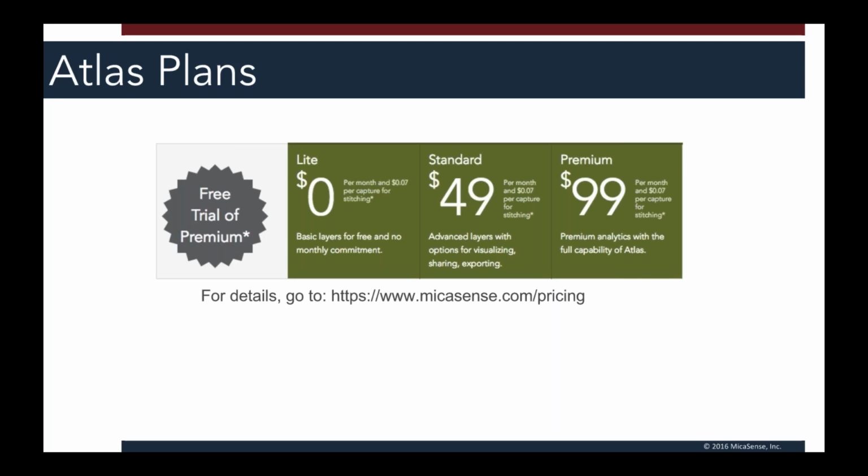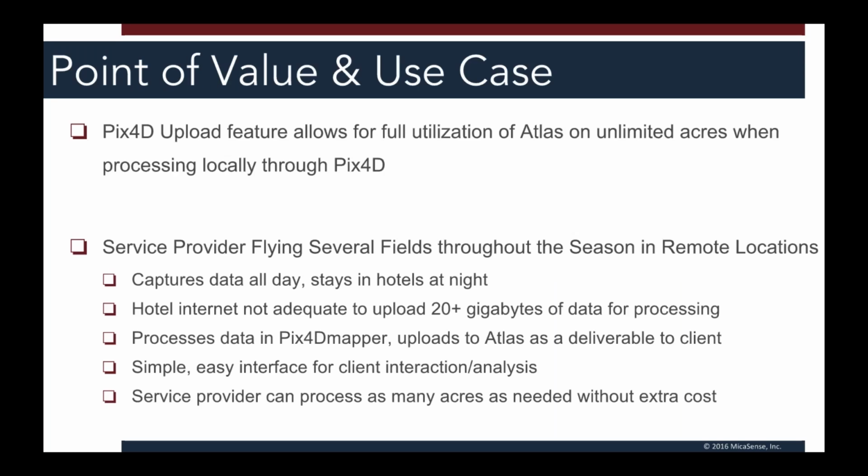We also have a chart on our website that provides a comparison of each plan, light, standard, and premium, and a detailed breakdown of what each one delivers. So if you're looking for more information, I'd recommend going to MicaSense.com/pricing, or just go to MicaSense and navigate to the menu at the top of the page.